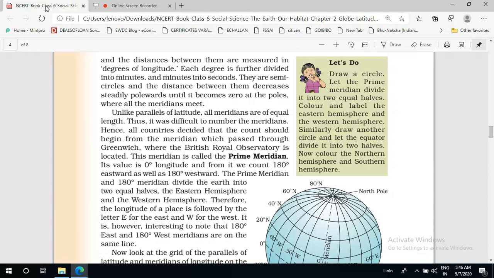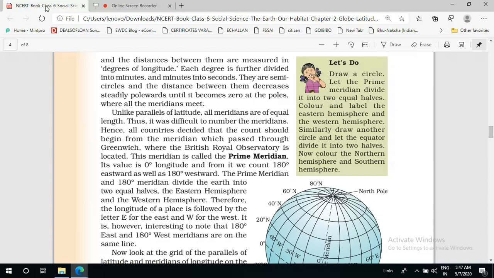As we have discussed earlier, the equator of the earth divides it into two equal halves, that is, the northern hemisphere and southern hemisphere. This division of the earth is done horizontally.